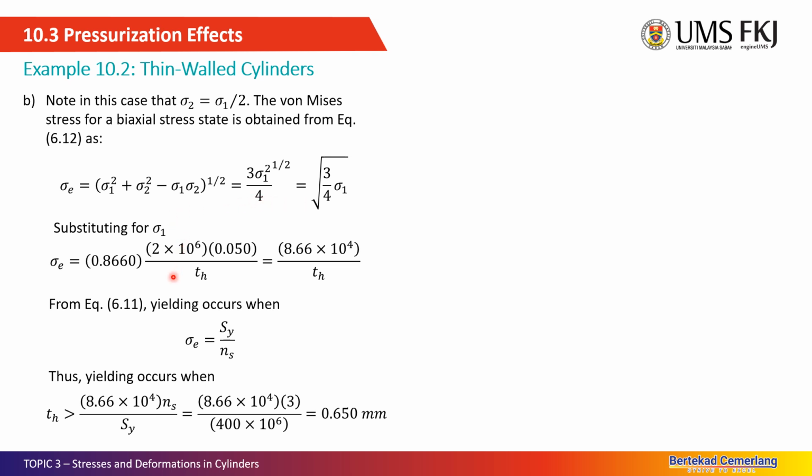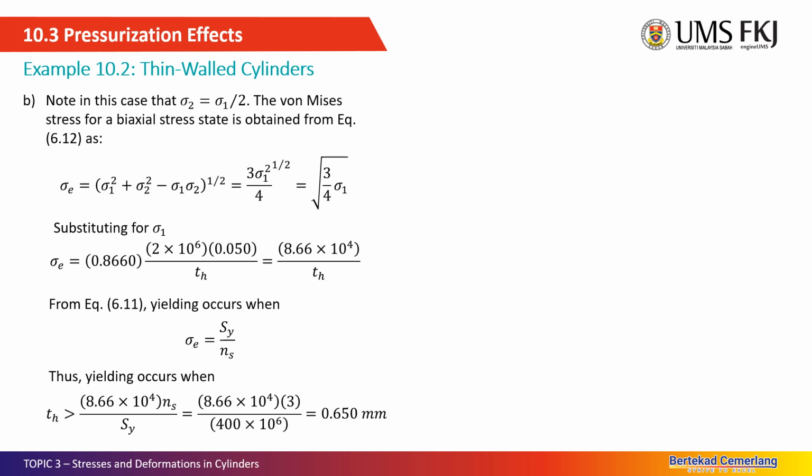So we find that yielding occurs when it is equivalent to the yield strength of the material divided by the safety factor. When we substitute the values, we get 0.650 millimeter, lower than the first solution.